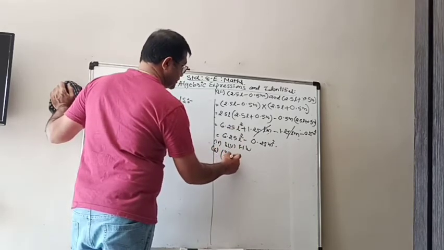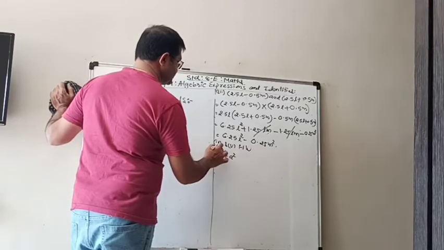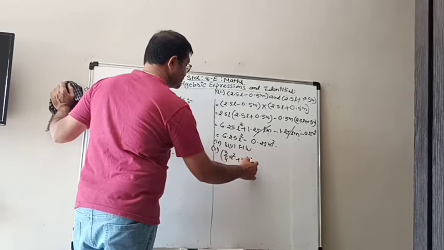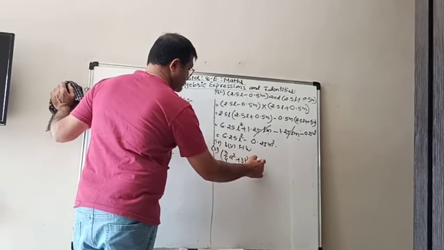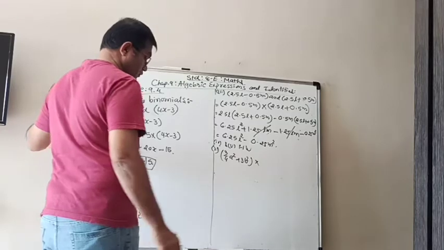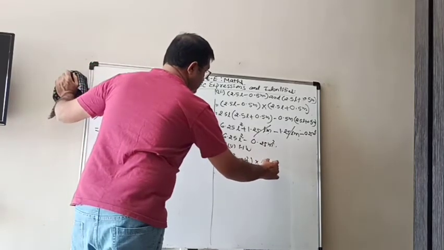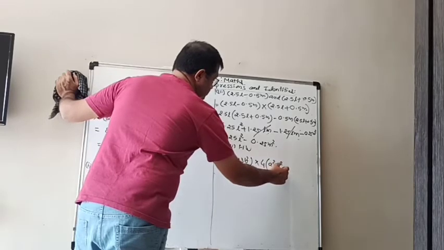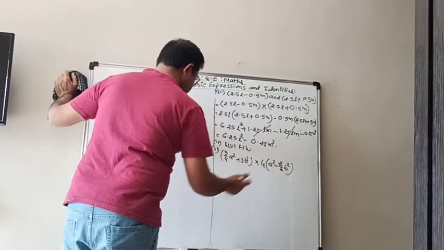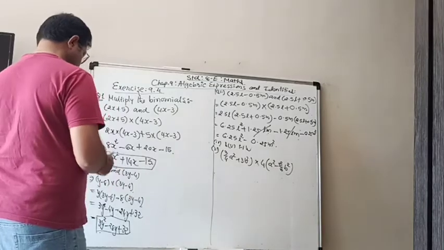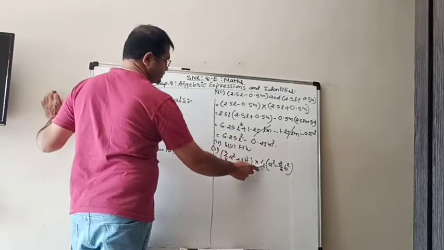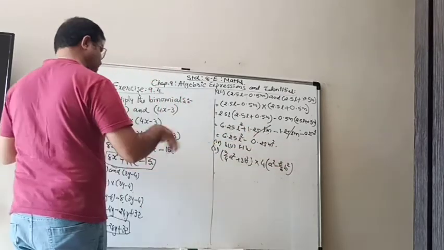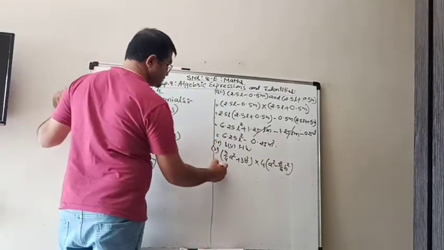3 upon 4 a square plus 3b square multiplied by 4 into bracket a square minus 2 upon 3b square. Here you can see that there is a 4 here also. So first what will we do? The 4 we will multiply in that bracket and then we will simplify.